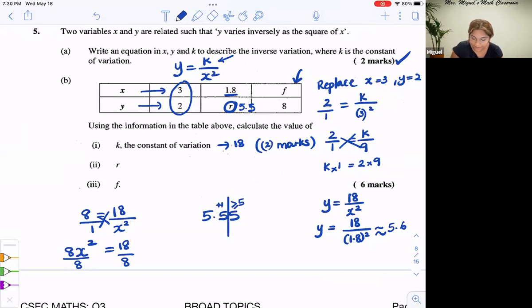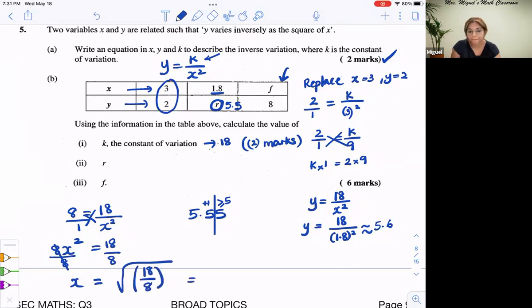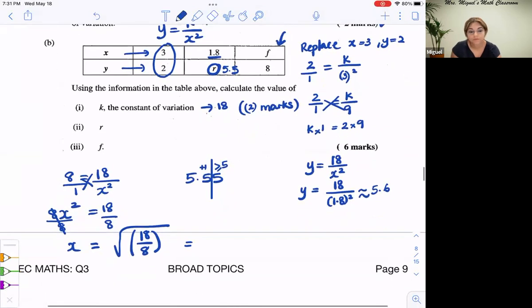Divide both sides by 8, and to get rid of the square, take the square root. Let me know when you all have an answer. If you are doing it like this, make sure you put the brackets, okay?